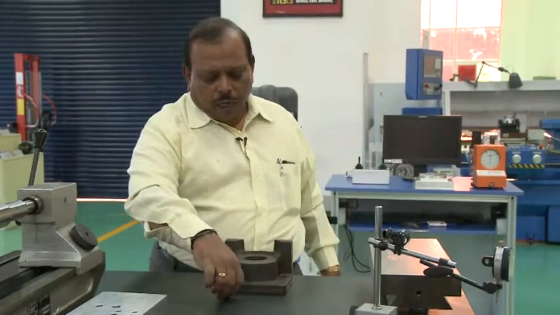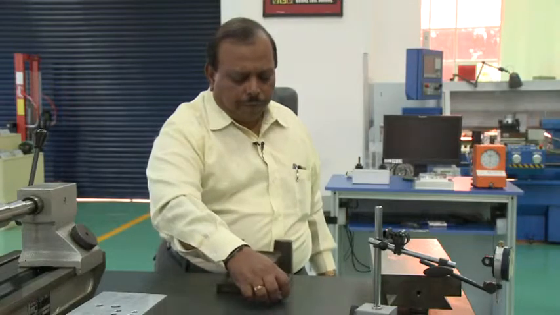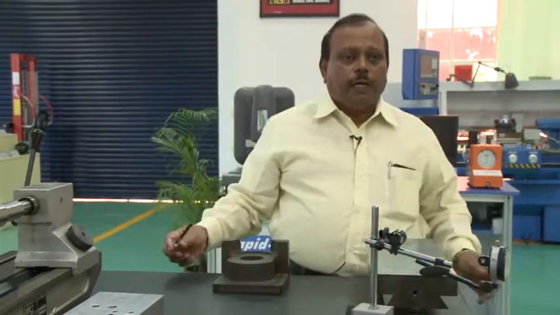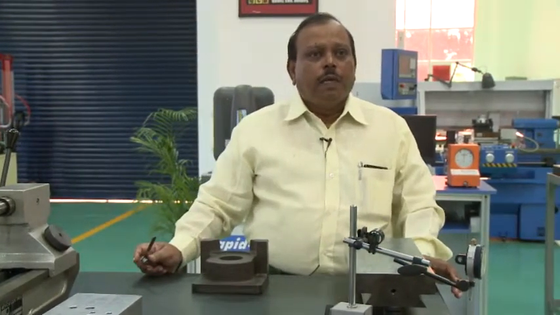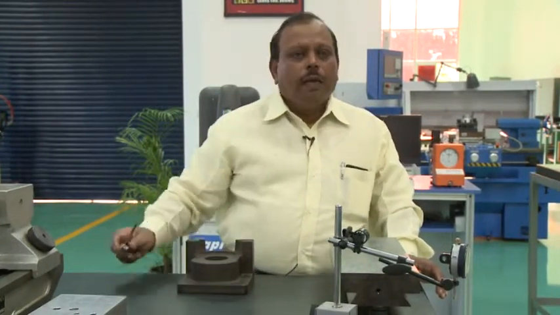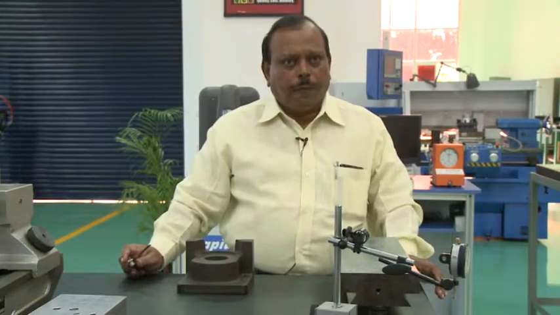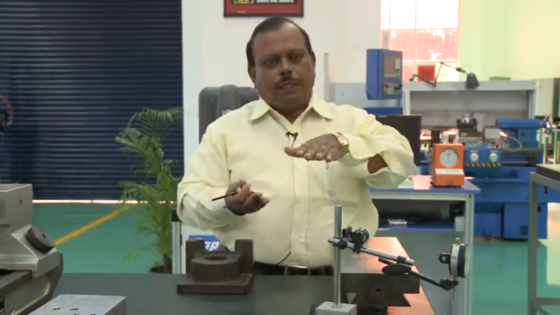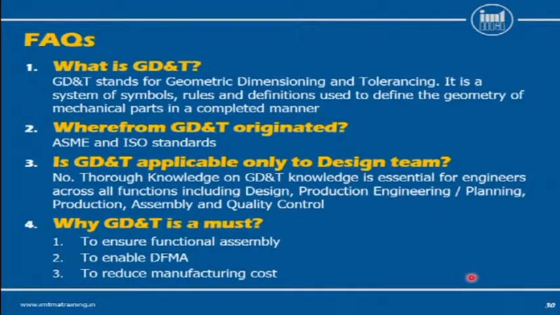So, if my flatness level is 0.2 is allowed, then this part can be accepted.